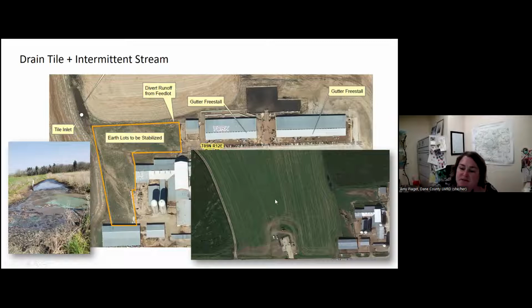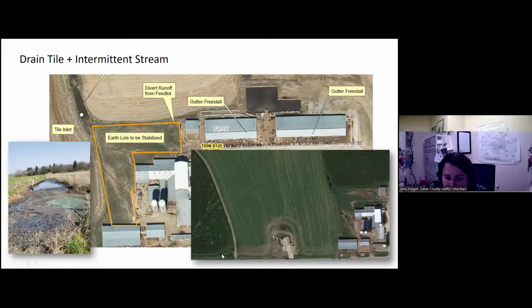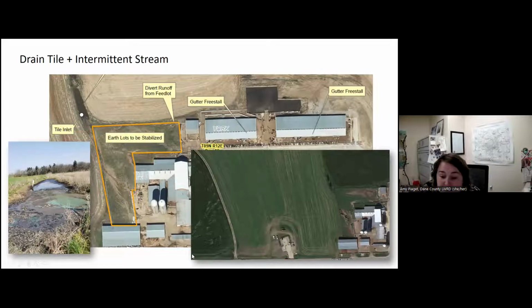So in this picture off to my right, you can see the area where the material ponds through here. And just barely through this field, there are these small areas here, which are some inlet areas or breather pipes for the tile line. And we're able to follow this down to a discharge point down here, which this channel through here is the start of an intermittent stream.